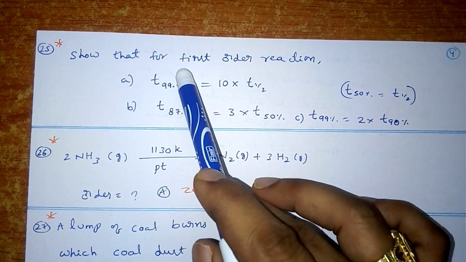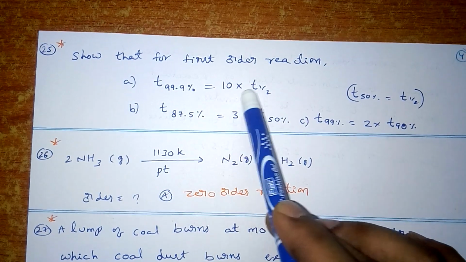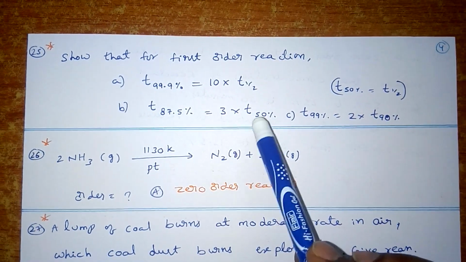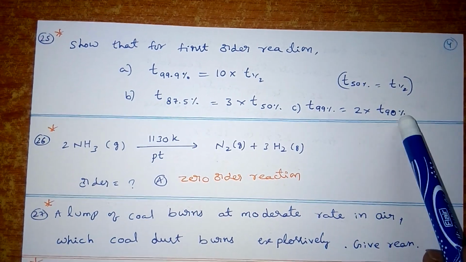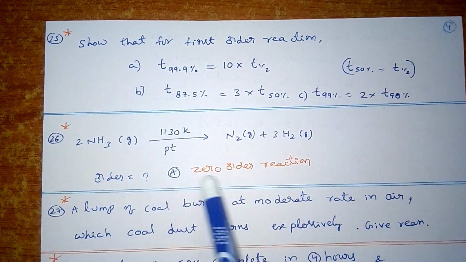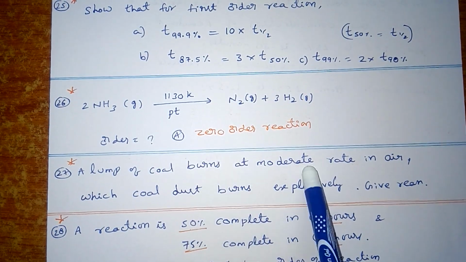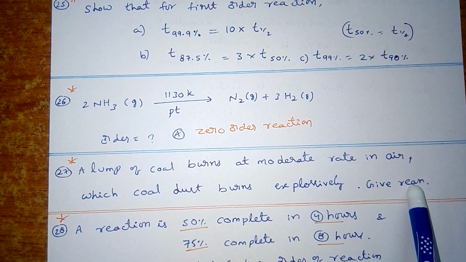Next, show that for first order reaction t99.9% is equal to 10 times t1/2. Next, t87.5% is equal to 3 times t1/2. t99% is equal to 2 times t90%. Next, an equation was given. They asked what is the order of reaction for this, zero order. Next, a lump of coal burns at a moderate rate in air, while coal dust burns explosively. What is the reason?